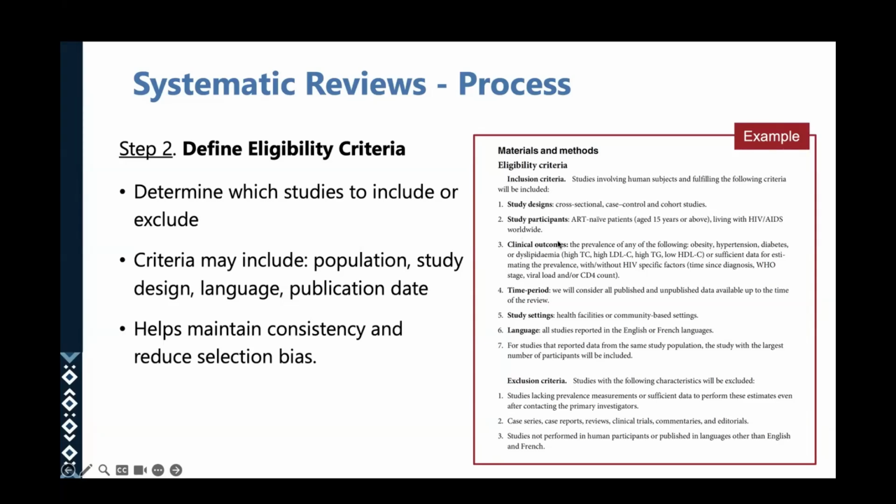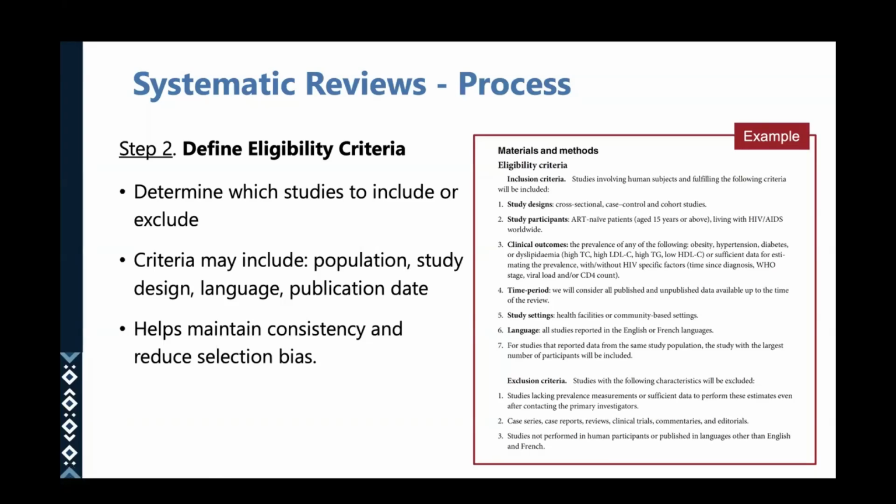And the clinical outcomes of interest were the different cardiometabolic factors as we outlined in the research question. And we were considering studies at all times. So we were not having a time limit, we're not time bound. And we're looking at studies that were both community-based and health facility-based. And we included studies published in both English and French.